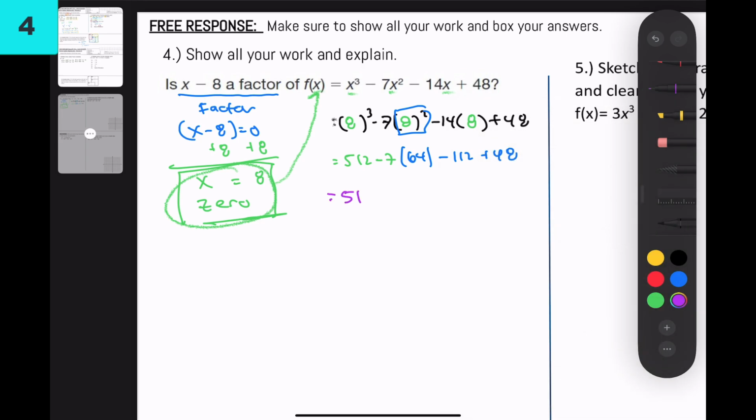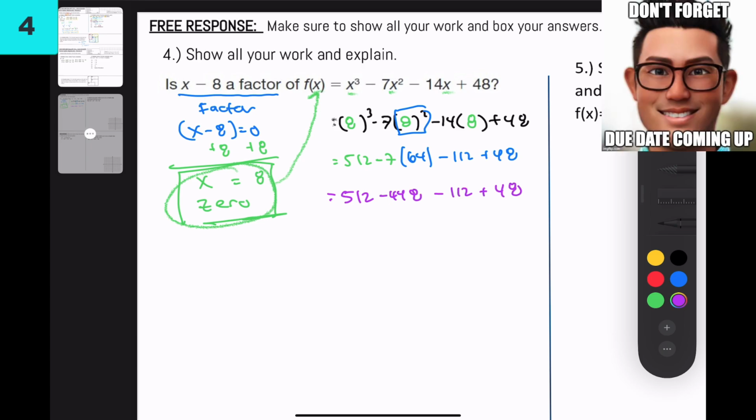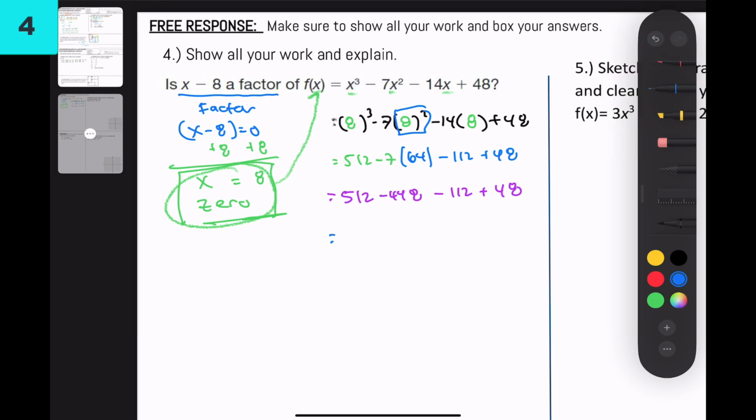So I have 512, 64 times negative 7, negative 448 minus 112 plus 48. So 512 minus 448, I'm using my calculator here, you can't see, plus 48. This gives me f of 8 equals 0.